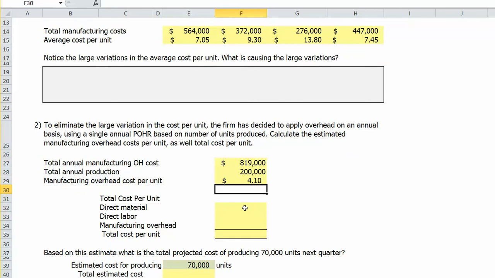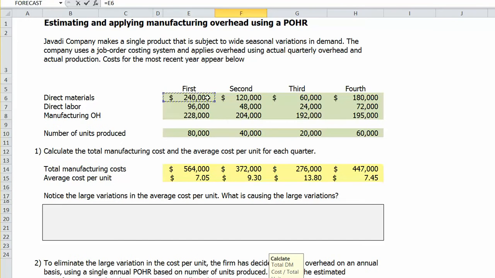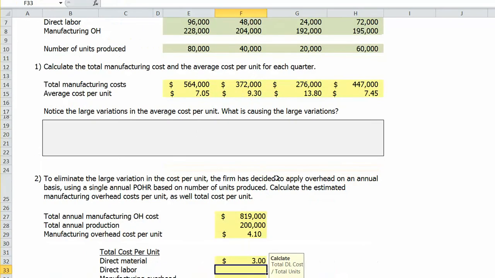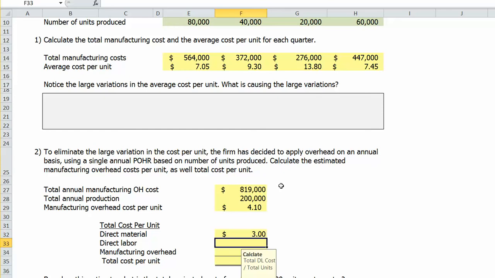We want to calculate our total cost per unit, so we're going to calculate our direct material cost per unit. Remember, direct materials are purely variable, so we can simply take one of our direct materials costs, say the 240,000 in the first quarter, divided by 80,000 units, and we get $3 per unit. We would have gotten the same number had we used the second, third, or fourth quarters.